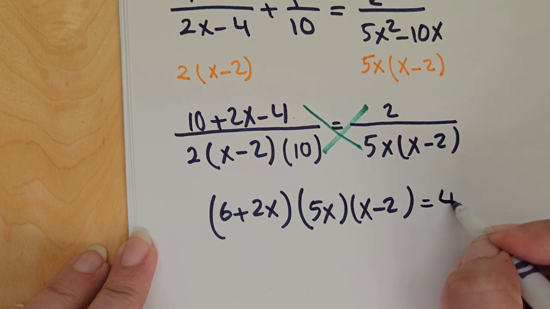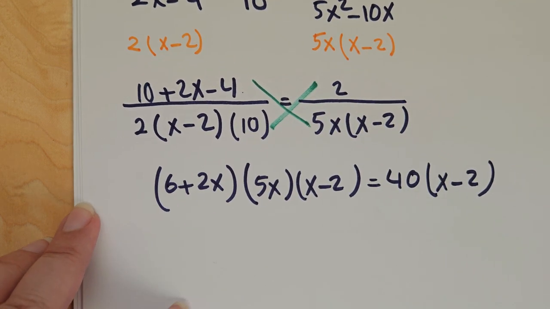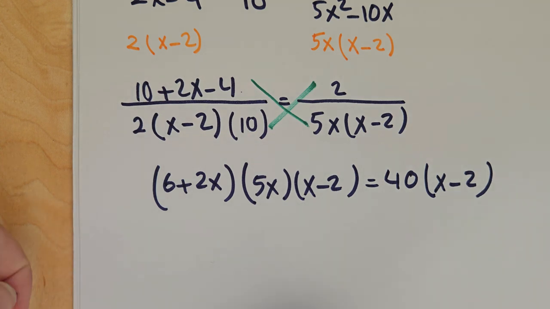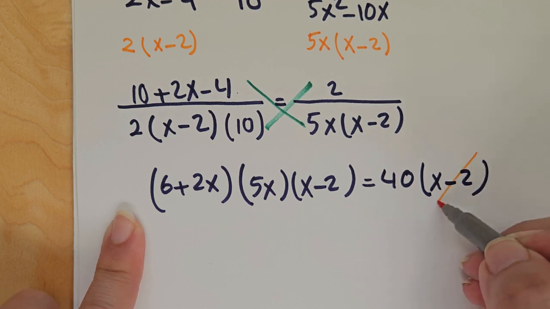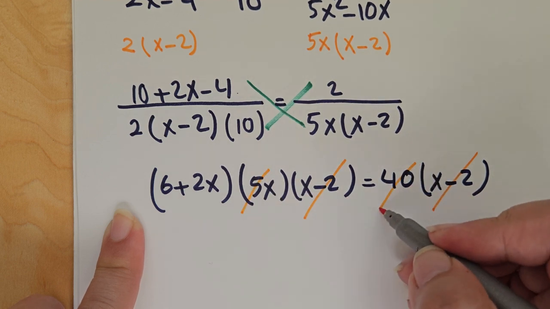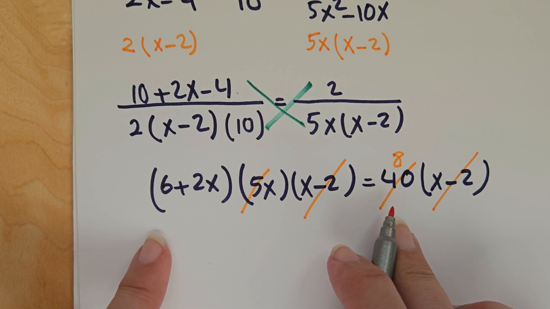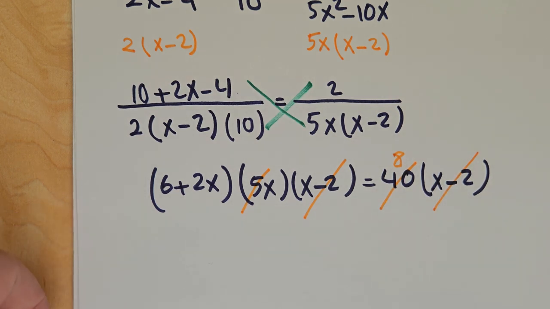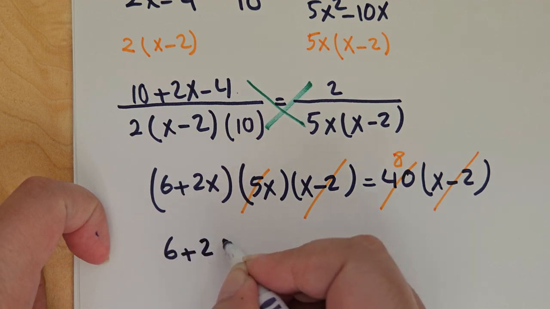So here what I can do, I can divide both sides by x minus 2 and get rid of this factor to make it a little bit simpler. 5 and 40, so that would be 8. So what is left on this side? I have 8 on this side. I'll start by multiplying whatever is left. Okay, then x equals 8.